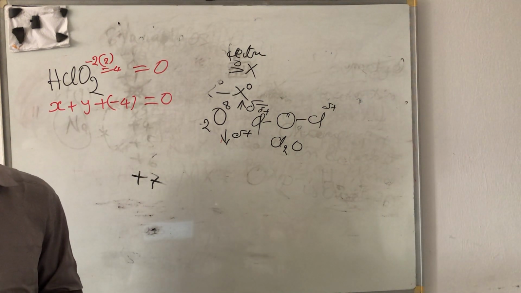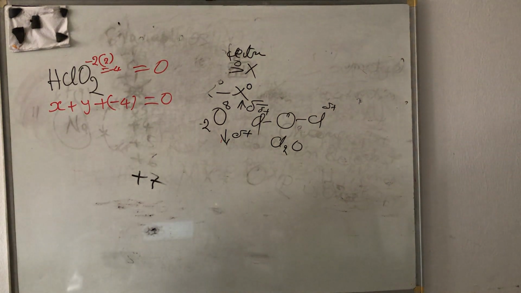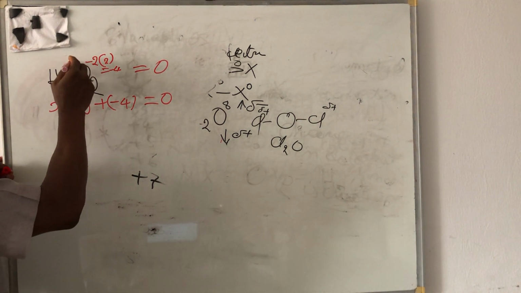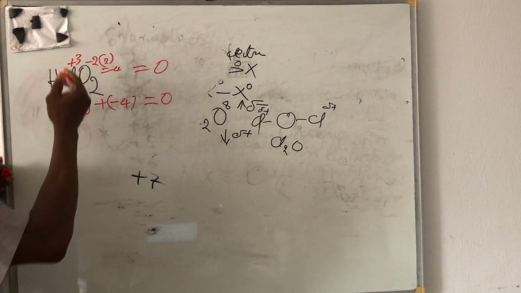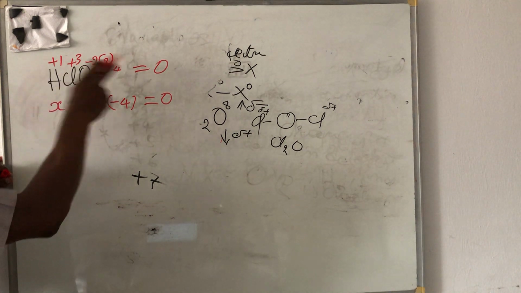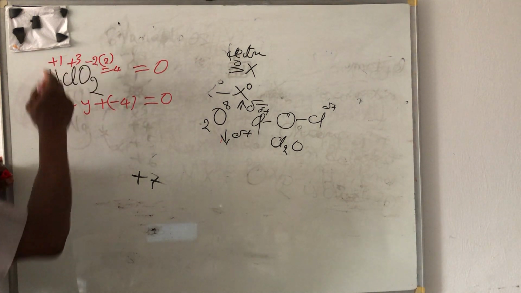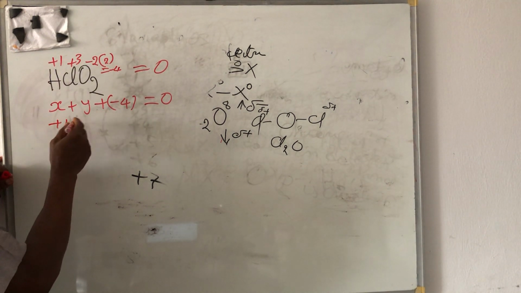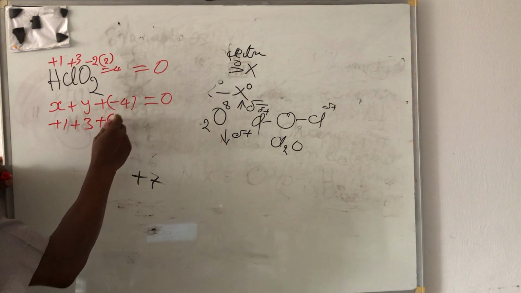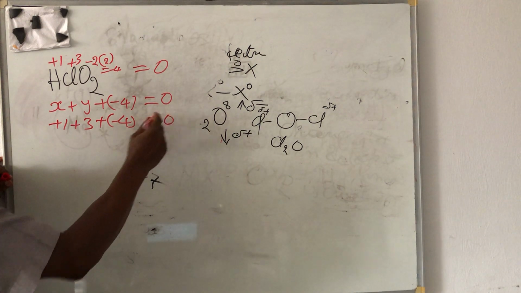Here, you agree with me that chlorine will take a plus 3, while hydrogen will take a plus 1. That is when this will equal 0. So here, x becomes plus 1, plus 3, plus minus 4 equals 0.